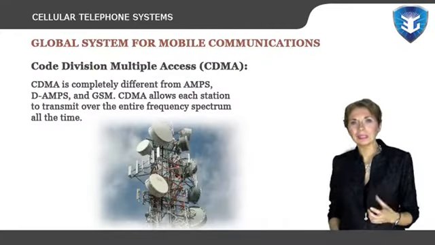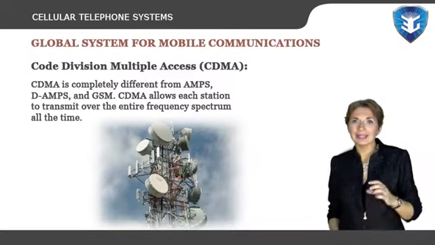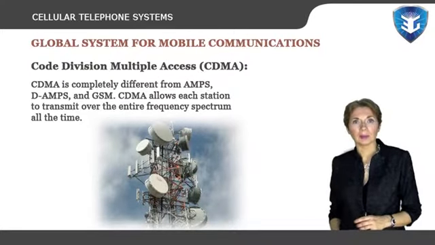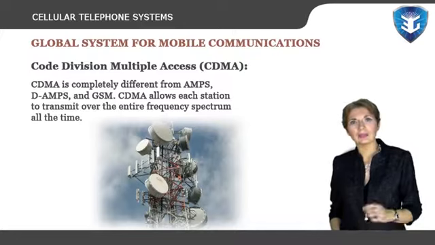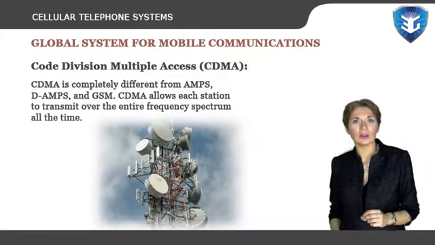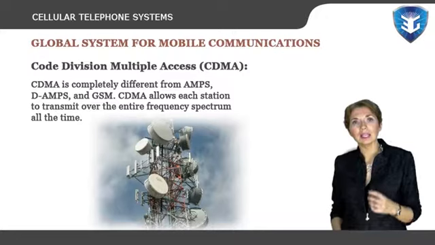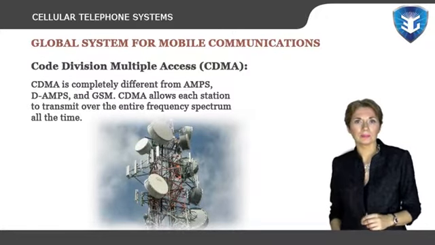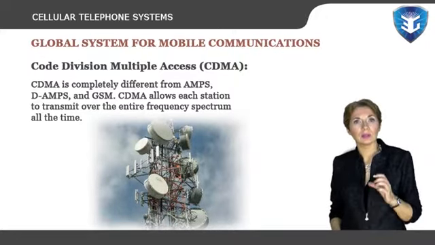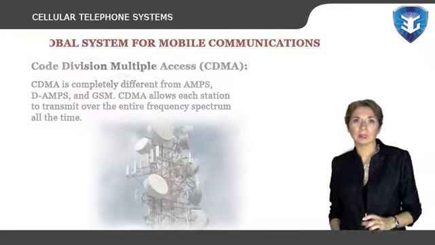CDMA is completely different from AMPS, D-AMPS, and GSM. CDMA allows each station to transmit over the entire frequency spectrum all the time. CDMA also relaxes the assumption that colliding frames are totally garbled. Instead, it assumes that multiple signals add linearly.